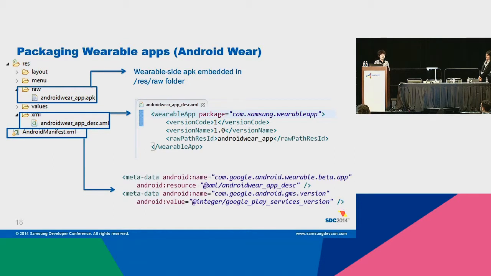Again, extend your Android manifest file by adding these 2 lines. It tells your phone APK you have an Android Wear app embedded, and because it uses Google Play service, the second line is required. Once you are done, you can submit the final phone app to Google Play.